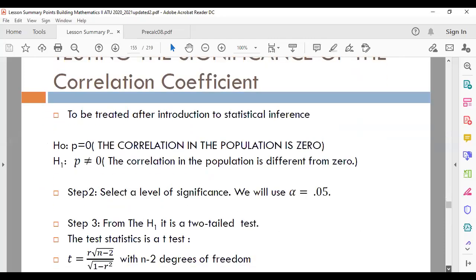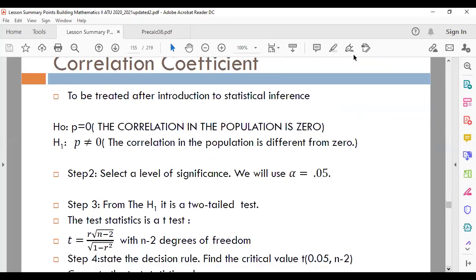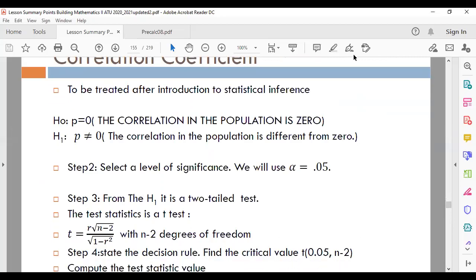We'll look at the interpretation of the R value, but in the test of the correlation coefficient, you go through these steps, and it's just like normal hypothesis testing. So you first make a claim that the correlation coefficient is 0, meaning it is not relevant. If it's 0, relationship is 0, then it means it's not what? Relevant, or it is not significant. Then the opposite statement will be it is not 0, or it is different from 0, which means it's significant.